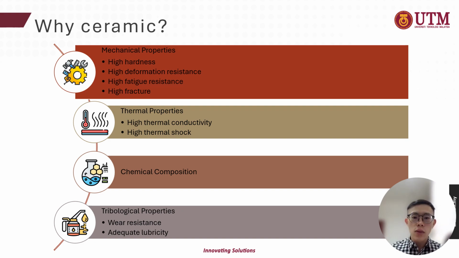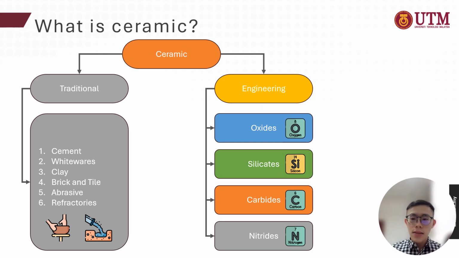Mechanical properties: high hardness, high deformation resistance, high fatigue resistance, and also high fracture toughness. Thermal properties: high thermal conductivity and high thermal shock resistance. Then chemical composition, and the tribological properties, that is wear resistance and adequate lubricity.